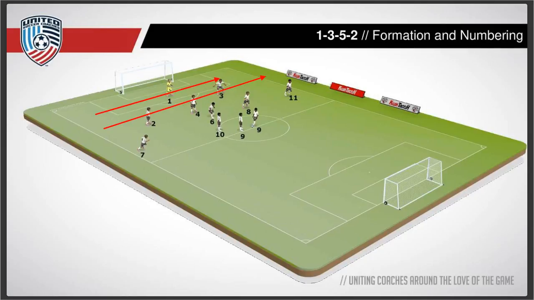And then we looked at the role of the 7 and 11 playing high up in a starting position to try and support the 2 number 9s, with the number 6 adding a defensive shield to the back 3, and then the 10 and the number 8 moving into high positions when we have possession.